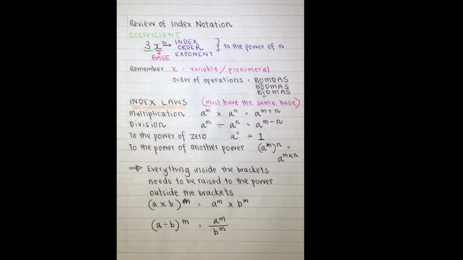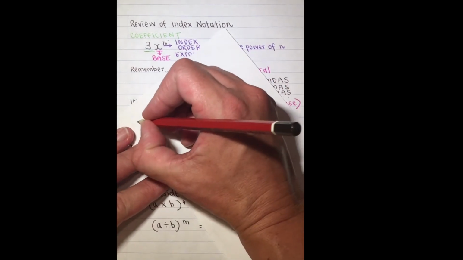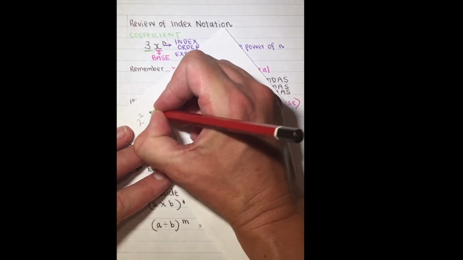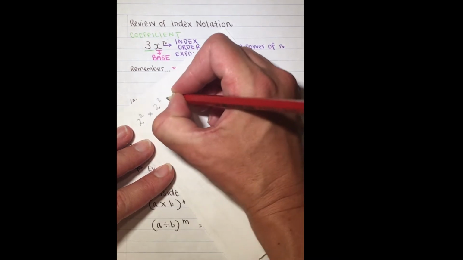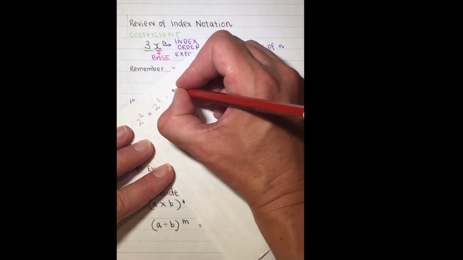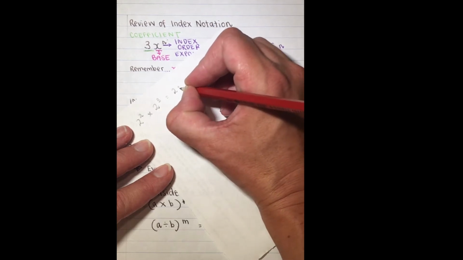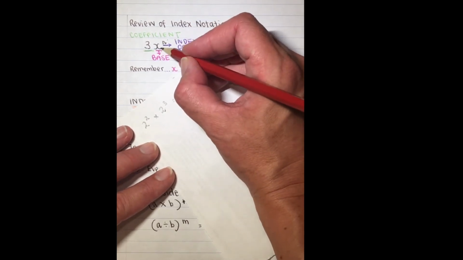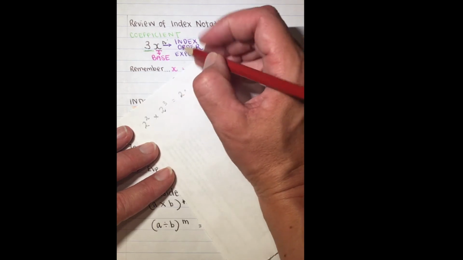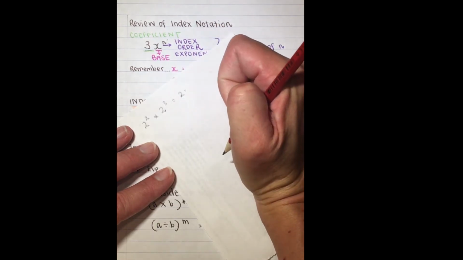So I'll do the example and then we'll have a look. Let's look at this one. 2 to the power of 2 times 2 to the power of 3. I know that that actually means 2. Just note here, I'm going to use dots instead of the multiply sign because when we're using x as a pronumeral, x and then the x for multiply gets confusing.